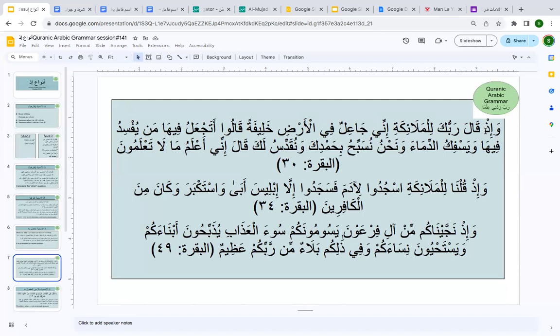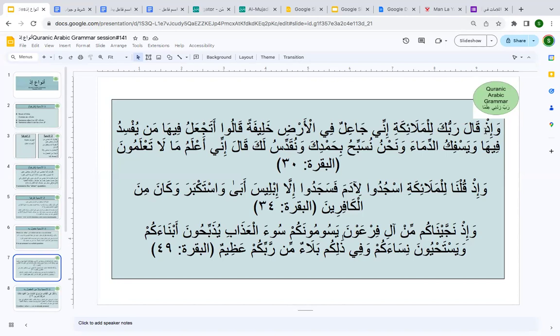So this is here, though it is zarf and all that we have learned about it, but here it is wadhkur idh. Remember what is the right answer for this type of is. Whenever you have instances where Allah is narrating to you the stories of previous times, or he's narrating to Prophet sallallahu alaihi wasallam the stories of previous times, he is not asking him to go back in time and be in that time and remember it.